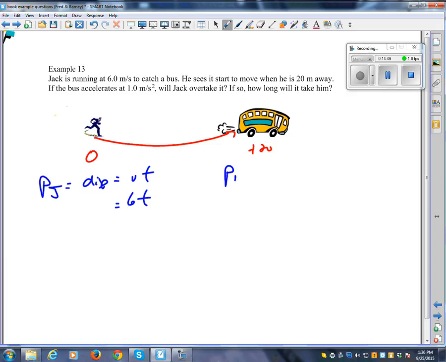Position of the bus is equal to the displacement, plus 20, because the bus has a 20 meter head start. And the bus is accelerated. So that's going to equal v_i t plus 1/2 a t squared plus 20.